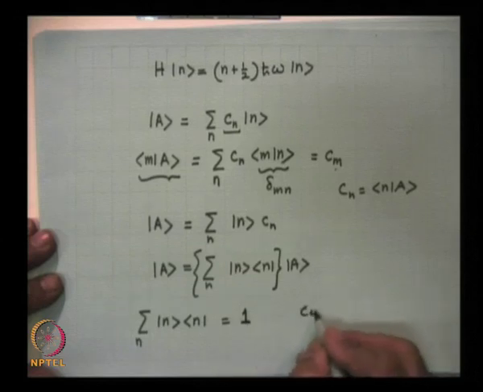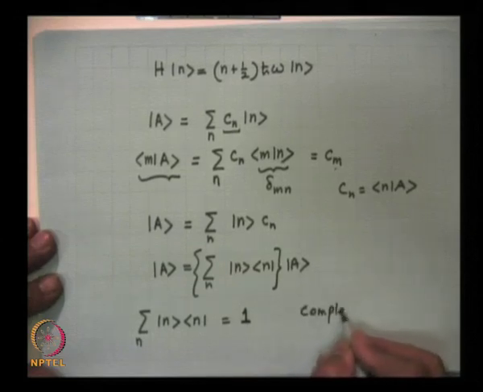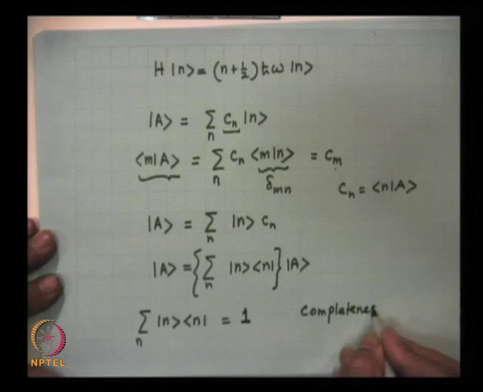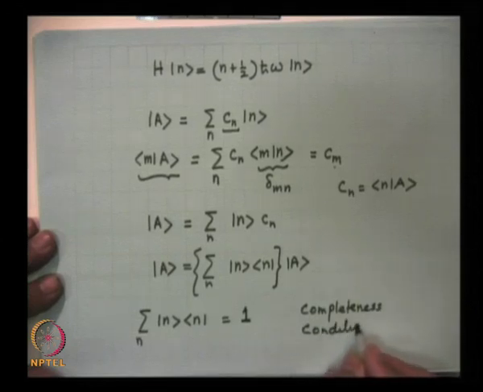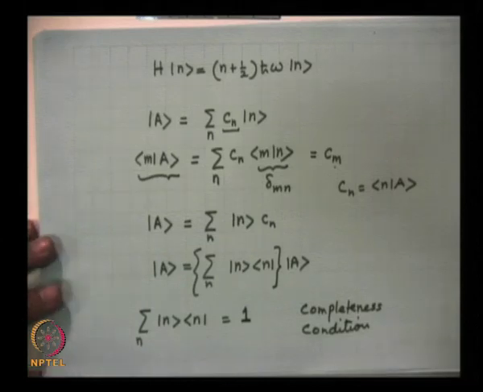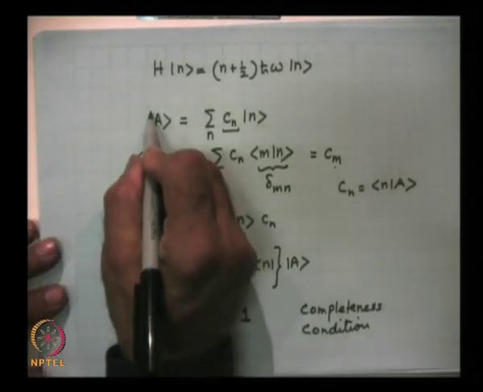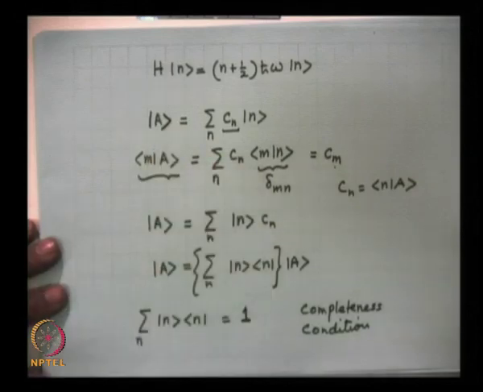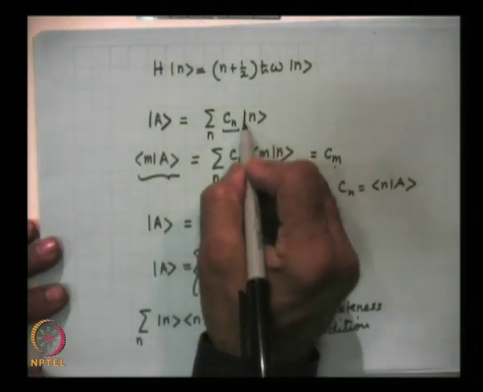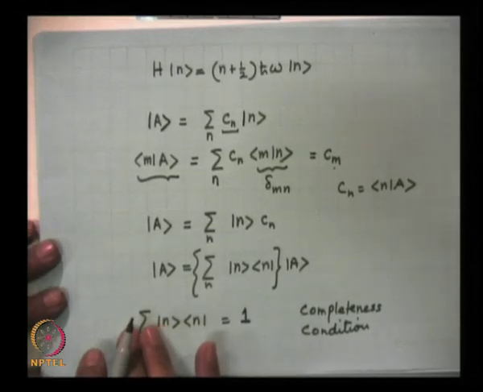This is known as the completeness condition. So any state can be expanded in terms of the eigenkets of the Hamiltonian.